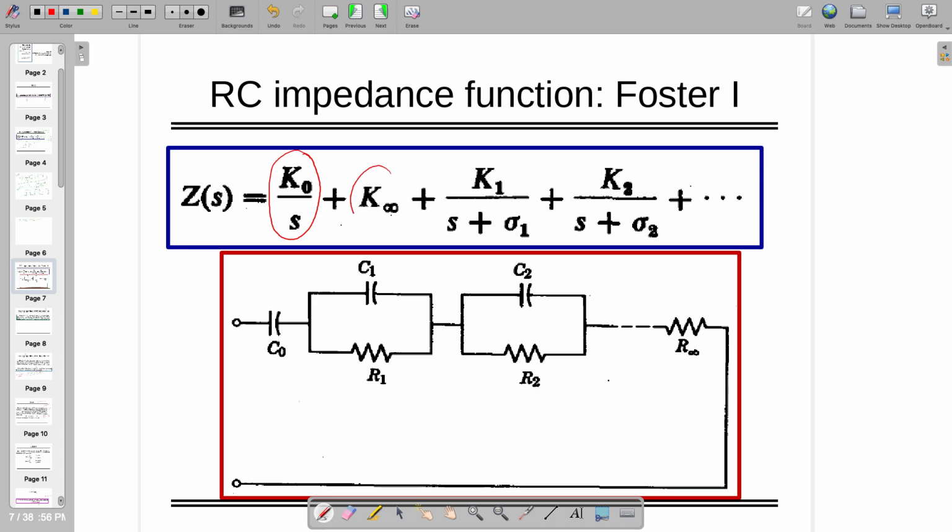If it is equal, then it is just the resistance. Thereafter, all these entries are R and C. It is only possible when we start with sigma 1, with the numerator entry lower than the denominator entry. Otherwise, it's not going to give you an RC circuit. In the partial fraction, if sigma 1 is not lower, then you are going to make the circuit with RL, not with RC.